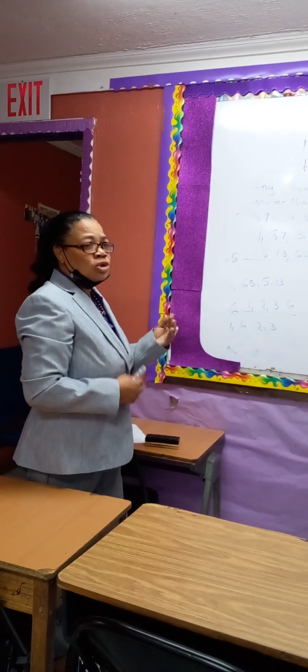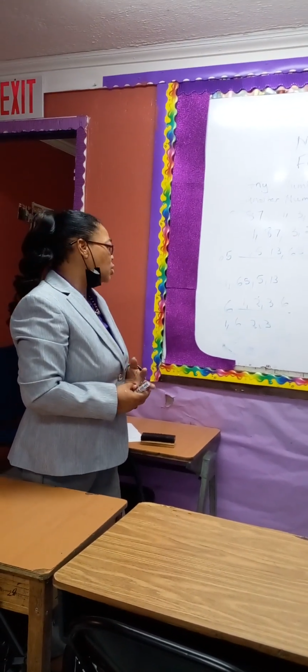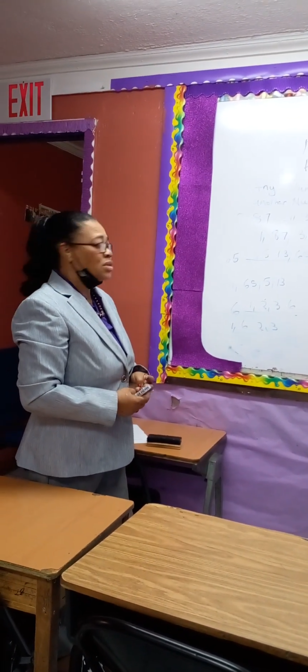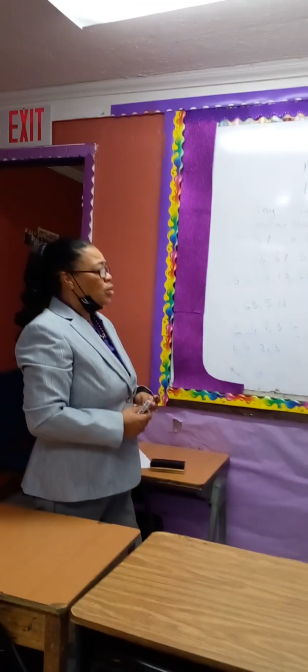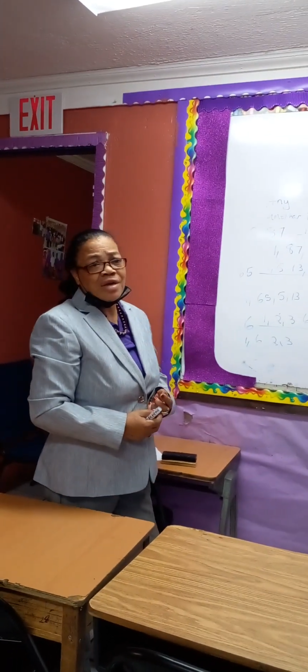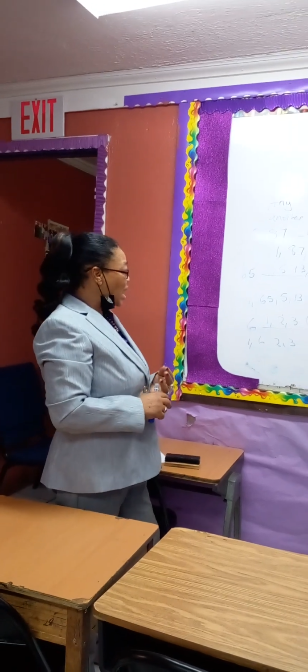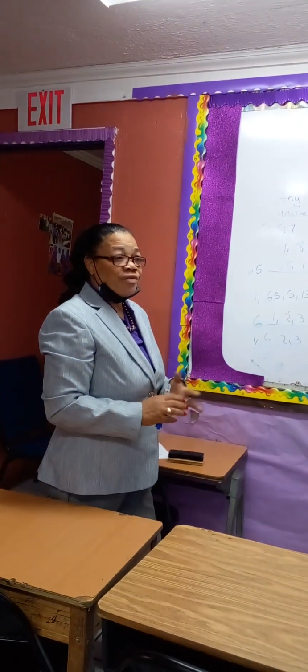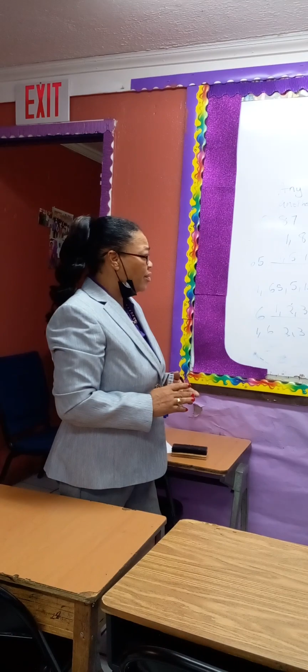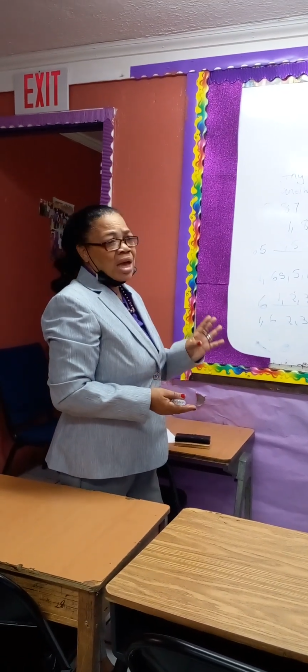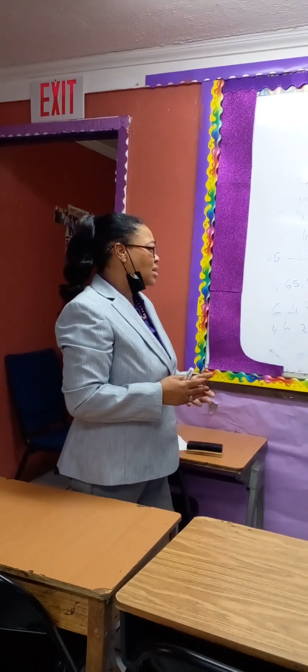For 4, any number that 2 can go into, 4 would also go into most times. Then we have 5. We know that numbers that can be divided by 5 must always end with either 0 or a 5. Then we have the number 7, we have 8, we have 9, and then 10.